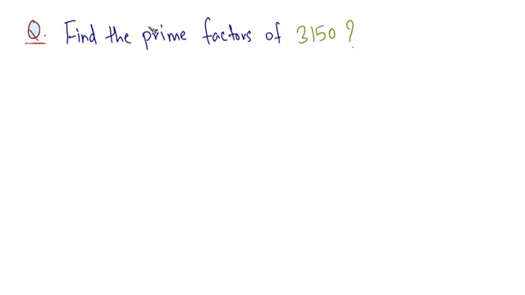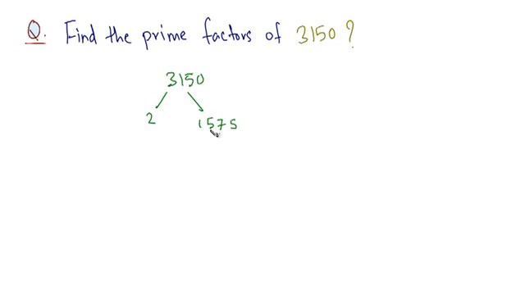Now find the prime factors of 3150. So again I would write 3150 here. On the left hand side, let's see if it is divisible by the lowest prime number. So it is divisible by 2, so I would write 2 here, and here the answer would come as 1575.